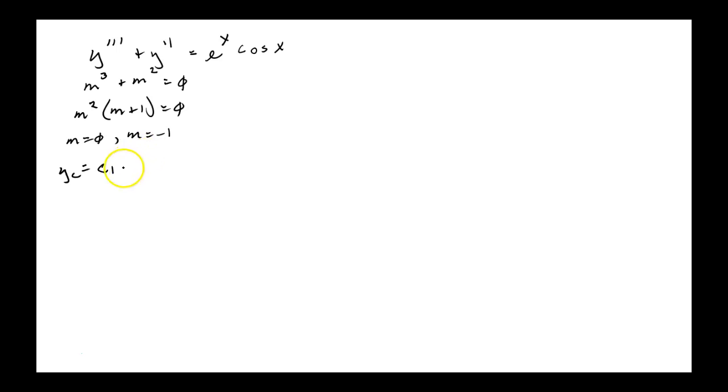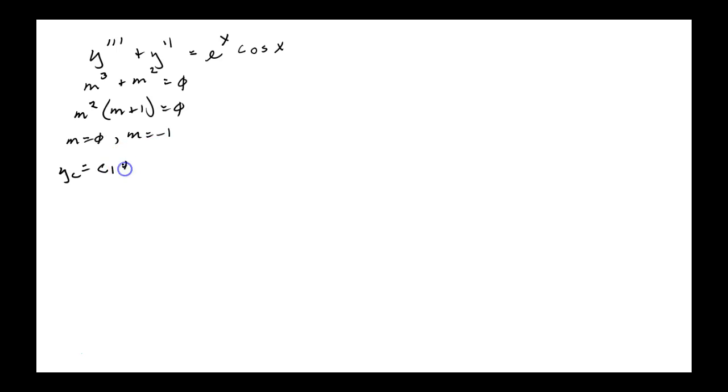No, it would just be C. I was going to leave that one until the end. You sneak. You were hoping we'd run out of time before we got to that. Okay. It would be C1 e to the 0x, right? E to the 0 is 1, so that would be C1.